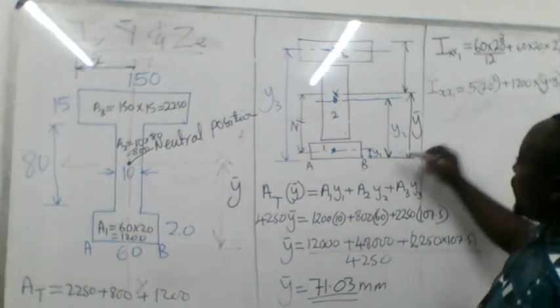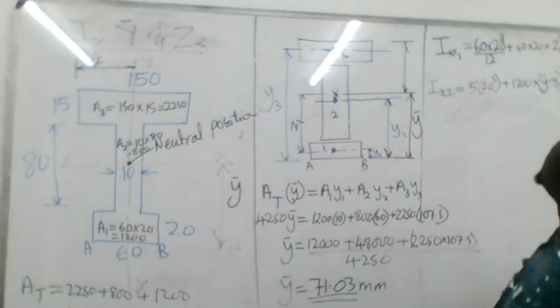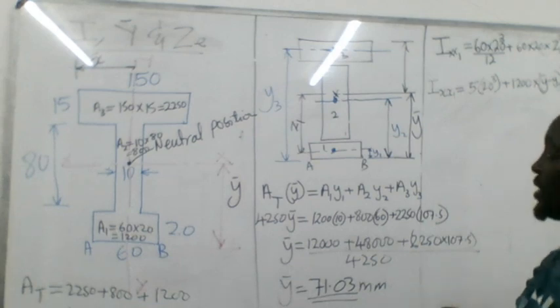Y bar, when we subtract y1, we gives us z1. That is how it works for this one.